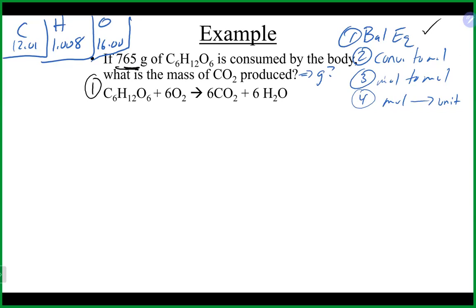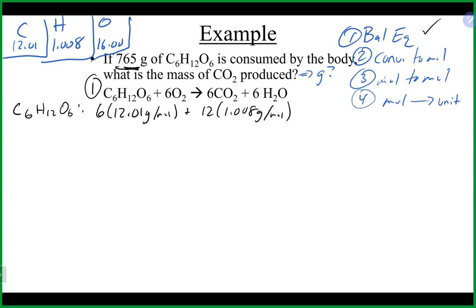So once again, that's going to be our grams to moles, molar mass from the periodic table. So we do need to figure out the molar mass of C6H12O6. Once again, go into the periodic table to do that. 6 times 12.01 for the carbons, plus 12 times 1.008 for the hydrogens. So that's our carbons, our hydrogens.